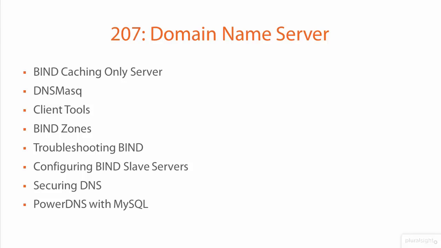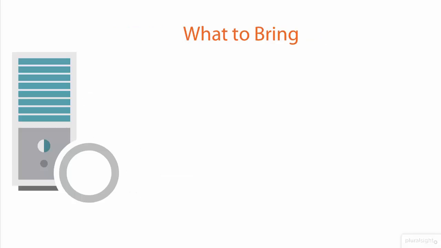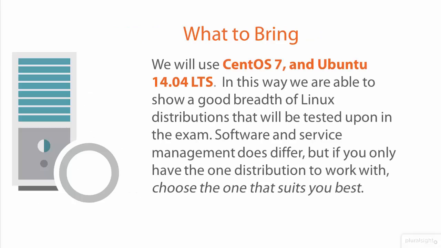During the course, we'll carry out demonstrations and we'll be using CentOS 7 and Ubuntu 14.04, the current LTS version. In this way, we can see how we can work across different distributions but still be managing DNS servers and seeing how they can even interact with each other.